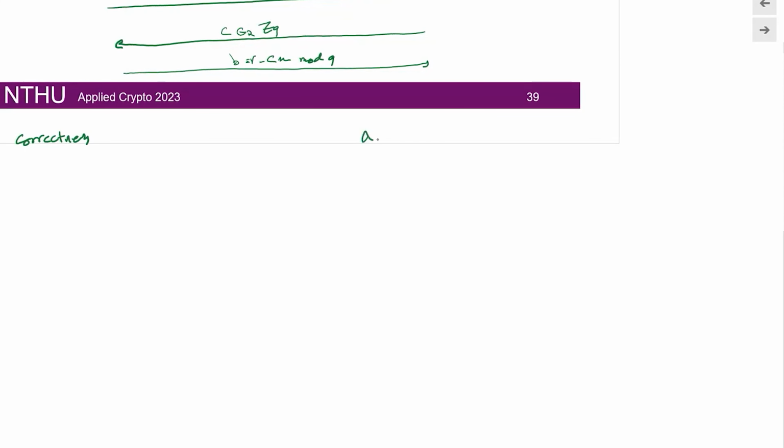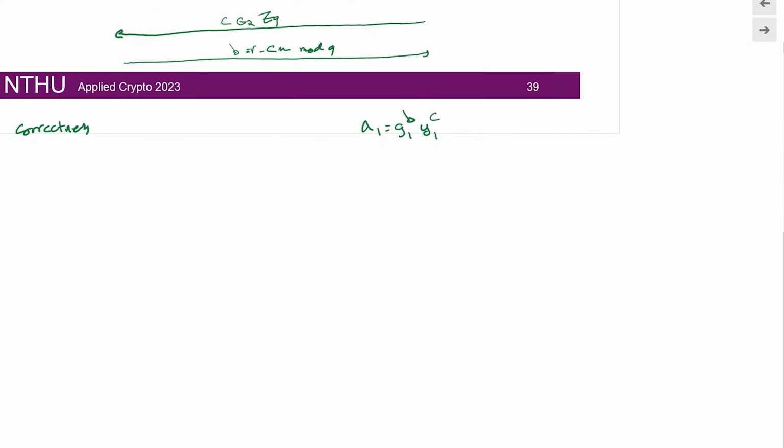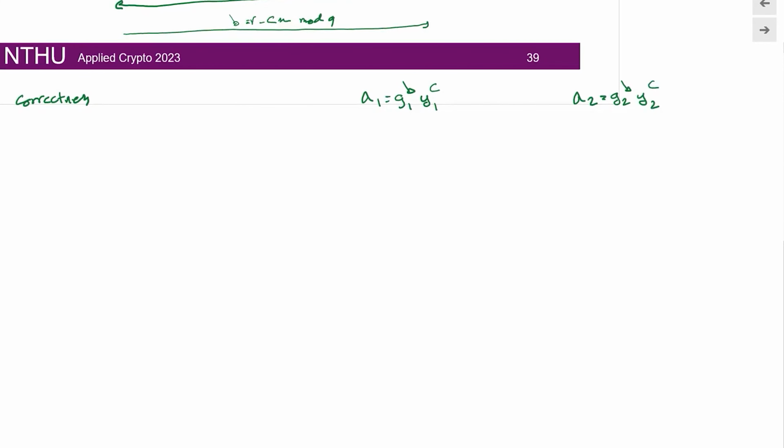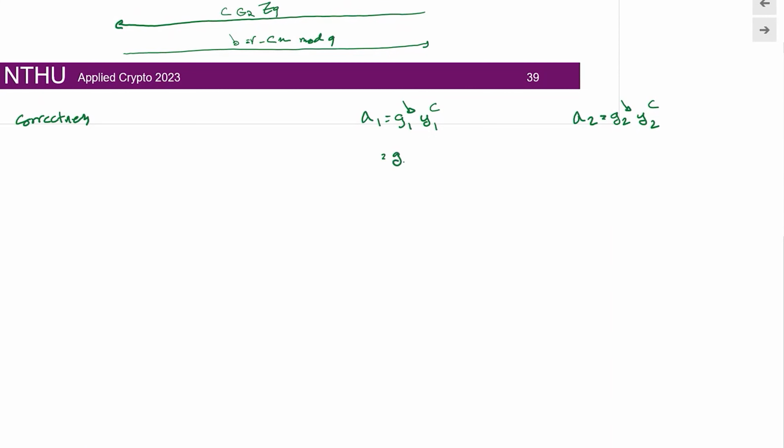So we should check if A1 equals g1 to the B times y1 to the C, and also we should check if A2 equals g2 to the B times y2 to the C. In order to check, let's plug this in: g1 to the power R minus CX, times y1, which was g1 to the X, so XC.